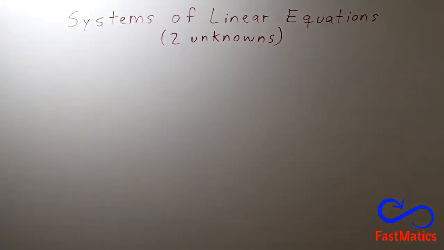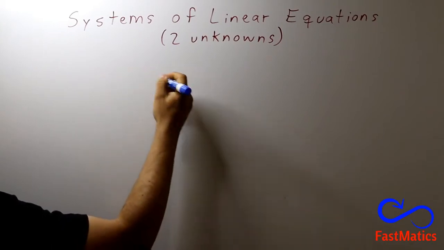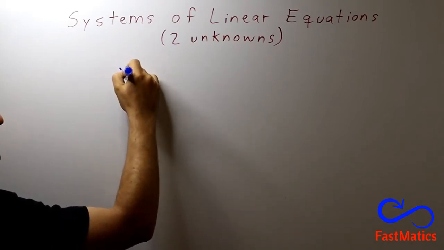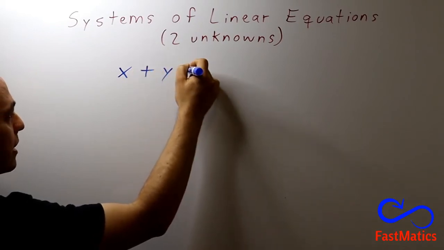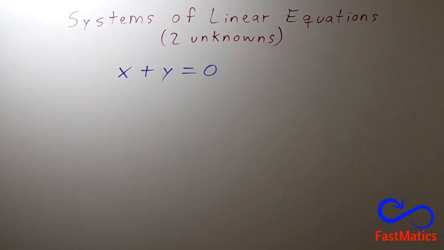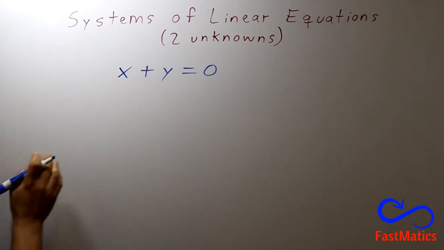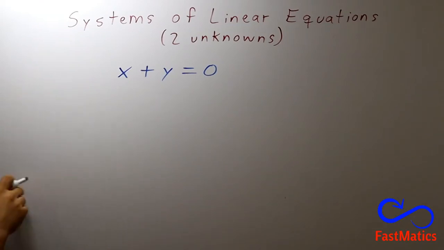Follow me, please. First of all, two unknowns mean you have, for example, x plus y equal to 0. If you have that, you will see that you will have an infinite number of solutions.